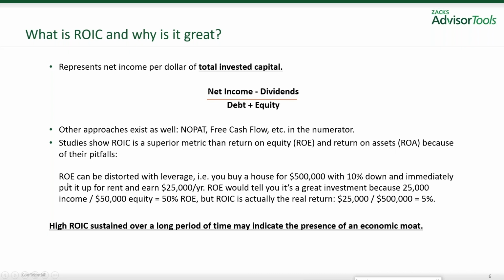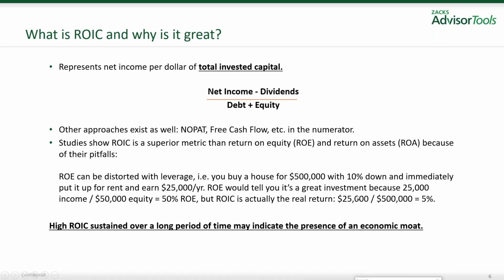Like, for example, if you look at the return on equity, and this is another number that's also very important, but with ROE, you have to know that it can be distorted with leverage. And the simplest example is, let's say you buy a house for $500,000 and you put 10% down. And let's say you immediately put it up for rent and you can earn about $25,000 a year from rent income for that house.